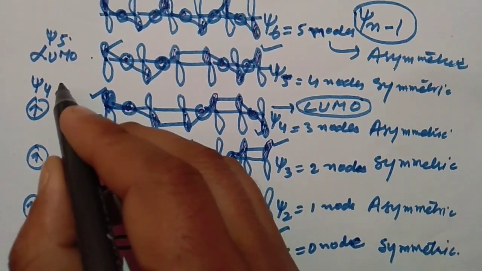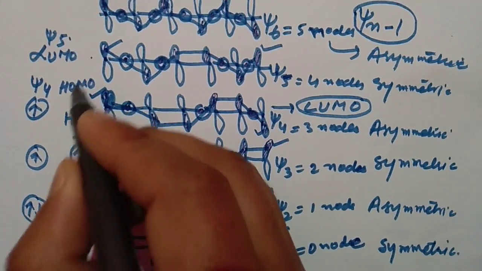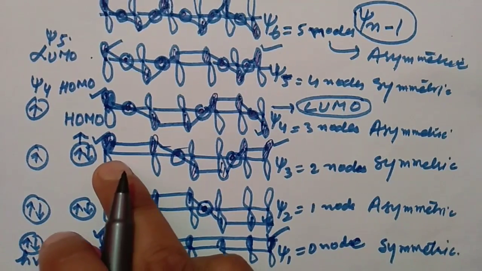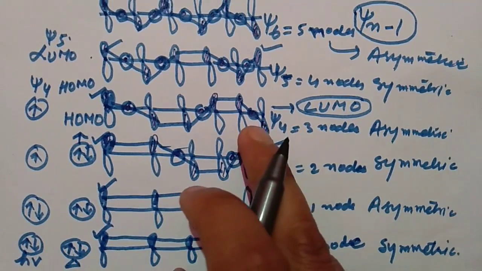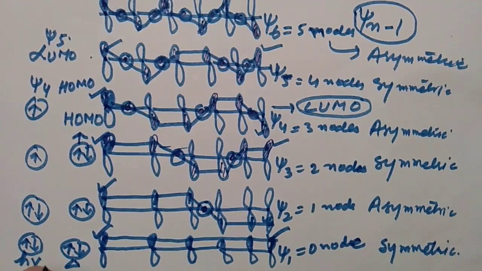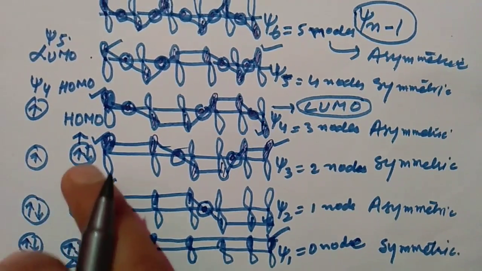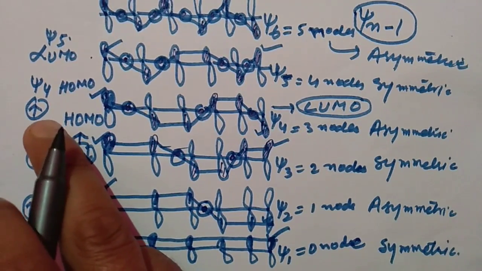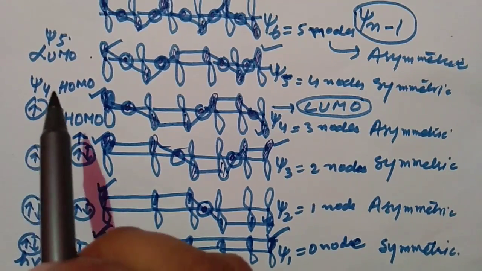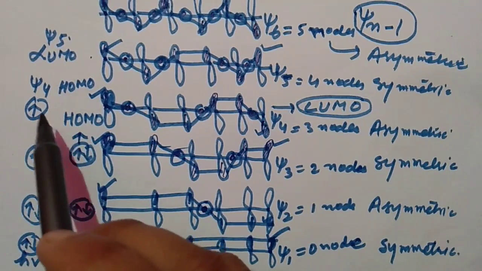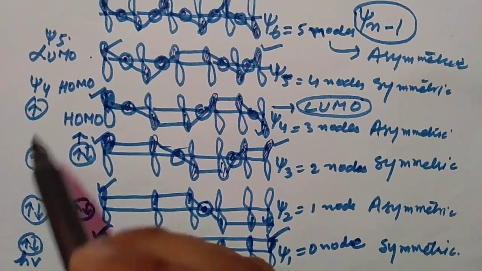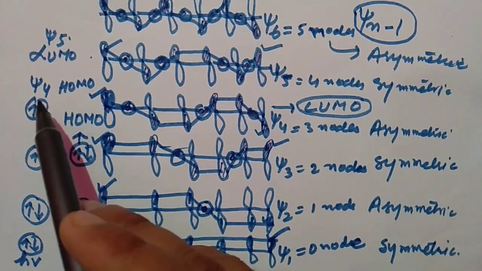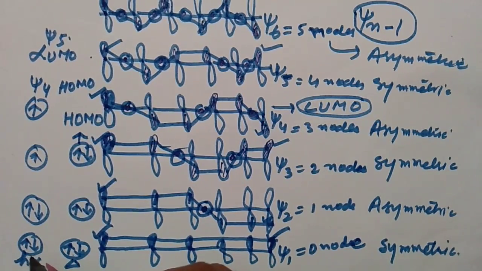I once again repeat, for thermal conditions psi 3 is HOMO and psi 4 is LUMO, but in photochemical conditions one electron from psi 3 jumped to psi 4. Now psi 4 is HOMO and psi 5 is LUMO, because these are four orbitals which have electrons.